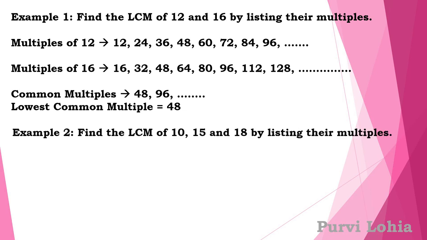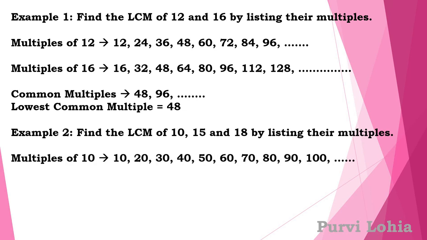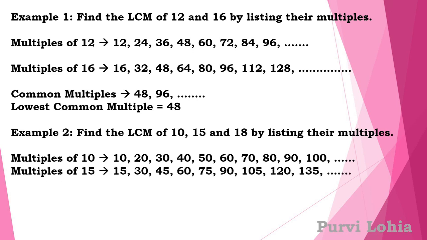Okay. Find the LCM of 10, 15 and 18 by listing their multiples. Multiples of 10 are 10, 20, 30, 40, 50, 60, 70, 80, 90, 100, and so on. Multiples of 15 are 15, 30, 45, 60, 75, 90, 105, 120, 135 and so on.